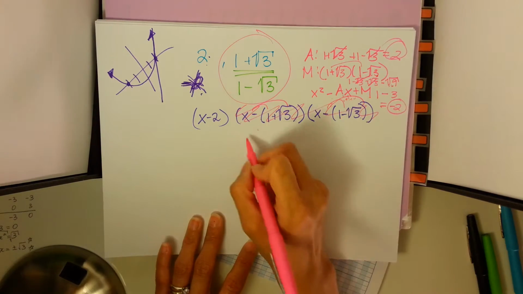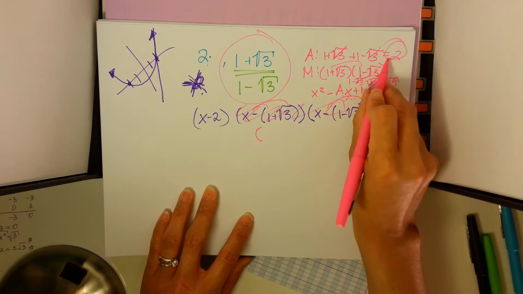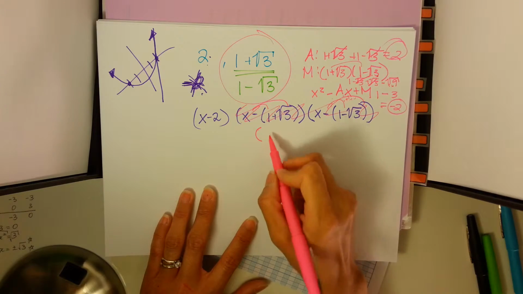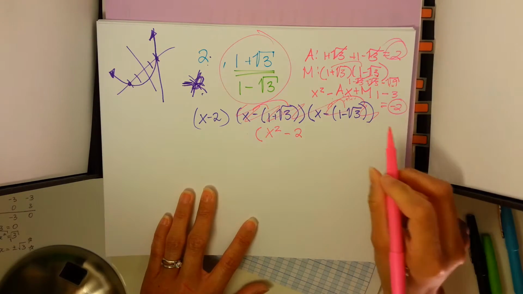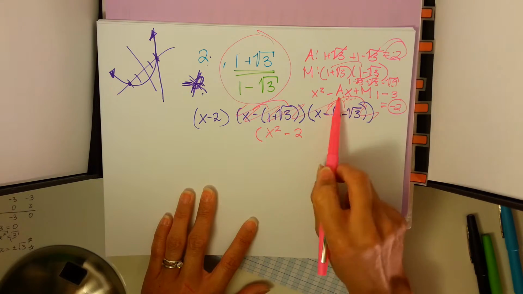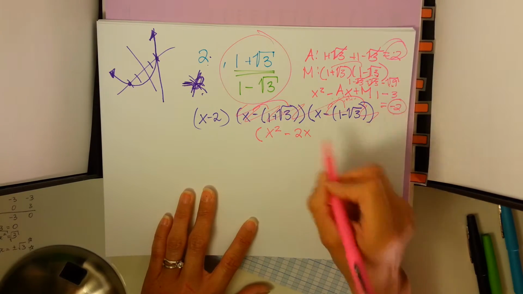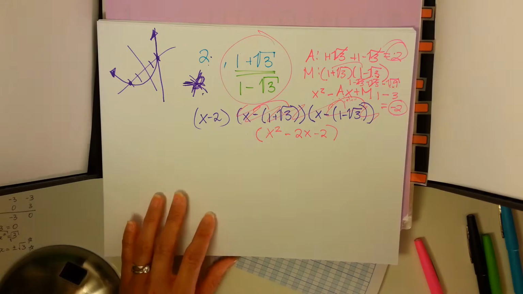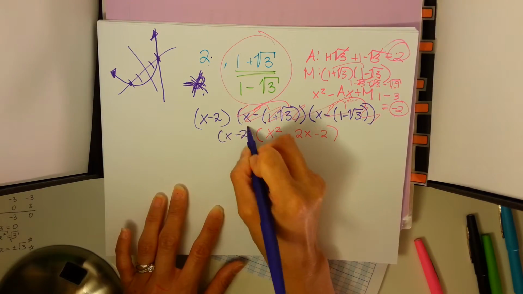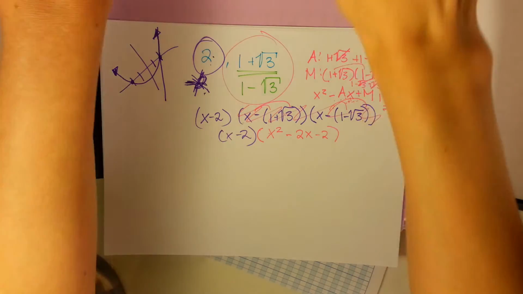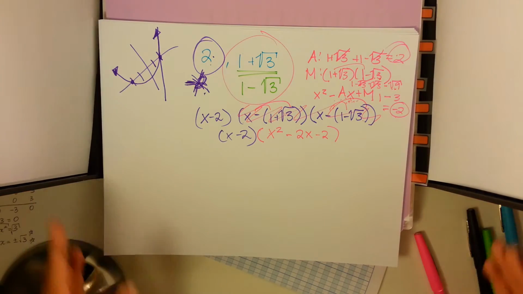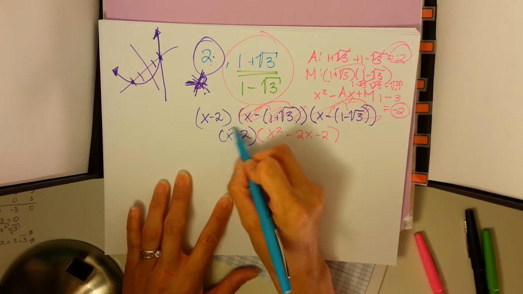Plugging into this polynomial trick, you see that this is going to be x squared minus 2, because you get a minus a, right? x plus m. You still have that x minus 2 from this guy that you're not forgetting. And then, unfortunately, you do still have to FOIL this guy.